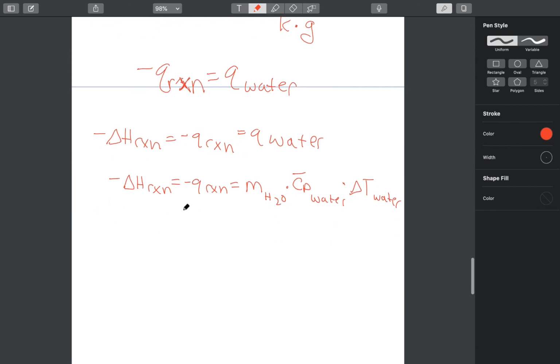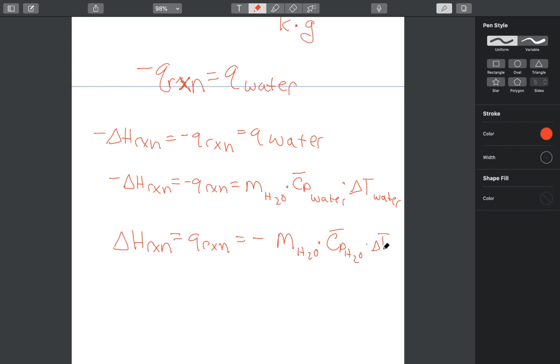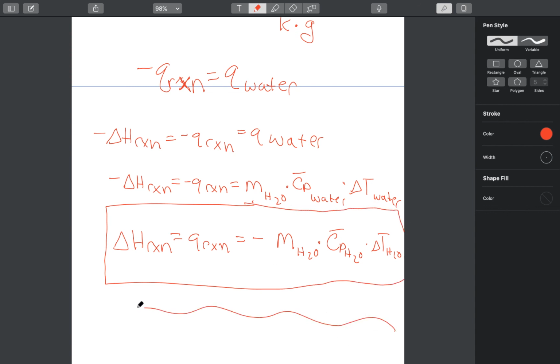And then if you just want to solve for delta H of the reaction, divide by -1, giving you delta H of the reaction is equal to Q of the reaction, which is equal to negative m H2O, mass of H2O, times Cp bar of H2O times delta T of H2O. And that is how you derive this equation using calculus.